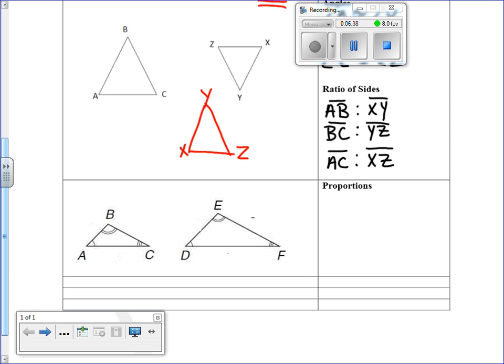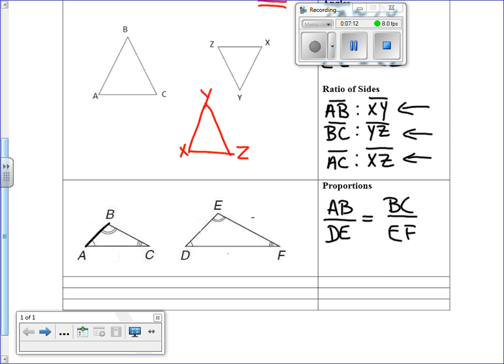So I'm going to start with my first ratio, AB. Instead of doing a dot-dot ratio like we did up above, remember we can set up a ratio of AB over DE. And that's going to be equal to the ratio of BC over EF.